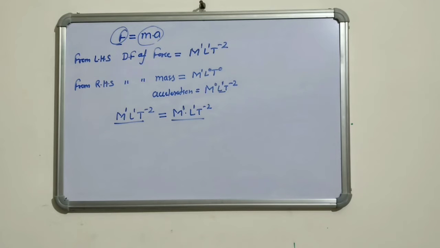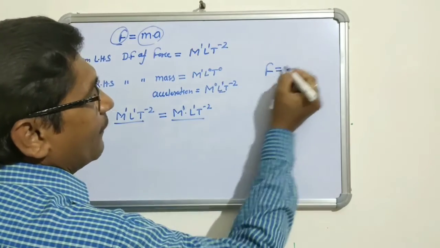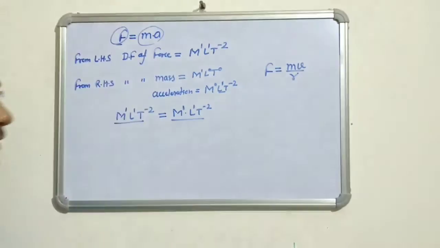Suppose we have a formula and we don't know whether it is right or wrong. Suppose it is F equals mv by r. Now let us check.